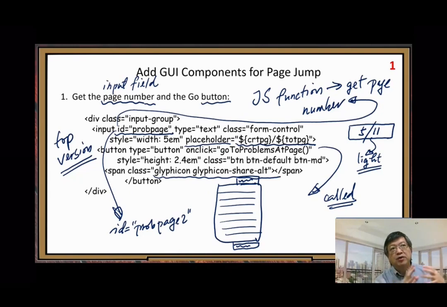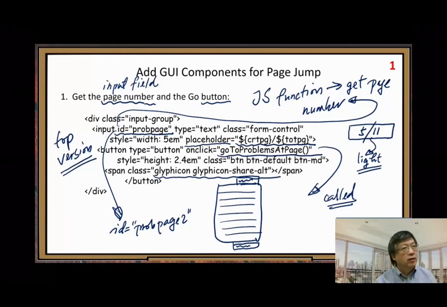Second, we know they are closely related. So in our JavaScript function, we need to consider our user can enter page number in either of the fields. So in your code, you need to get from one of the two fields. All right, so we will see that part quickly, but very simple.